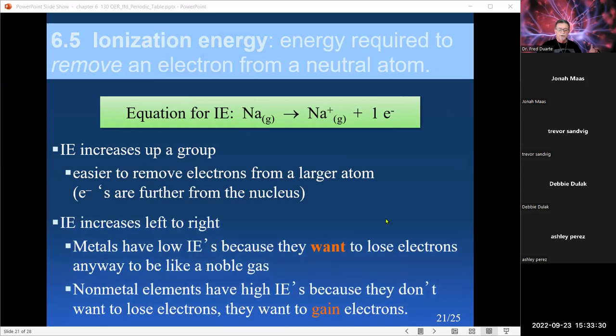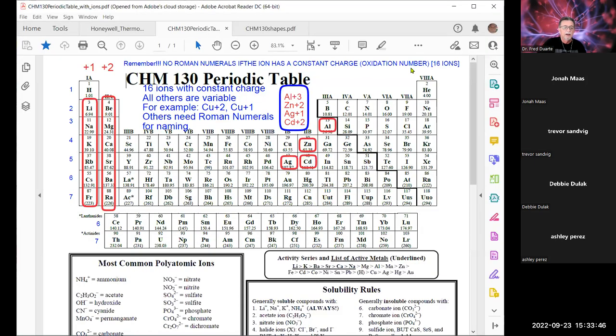So the trend is this: the ionization energy within a group increases. What does that mean? Let's look at the periodic table, at lithium versus potassium. Lithium has 3 electrons, potassium has 19 electrons. What they both share is one valence electron in the outermost shell, the valence shell. For lithium, it's in the second energy level. For potassium, it's in the fourth energy level.